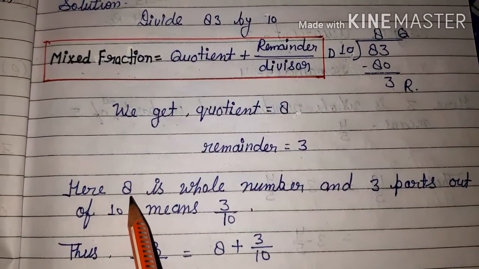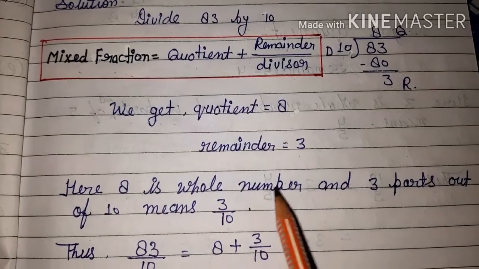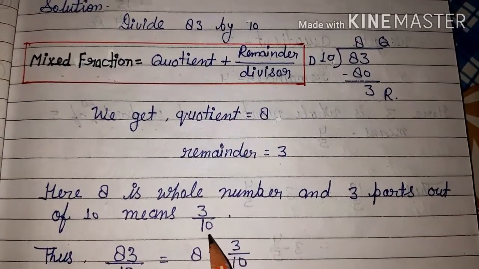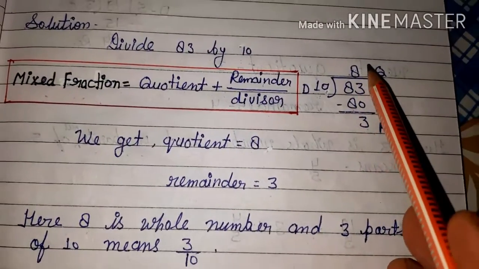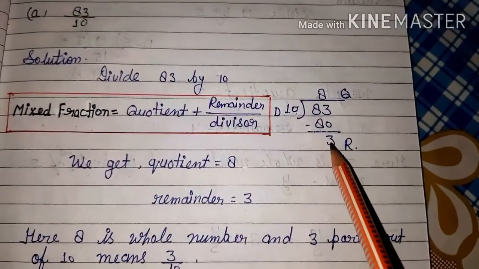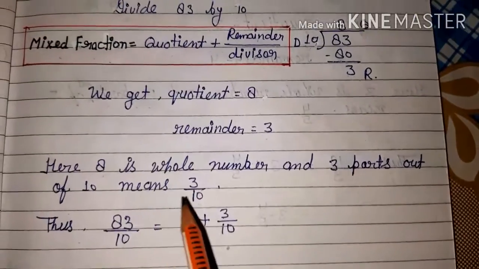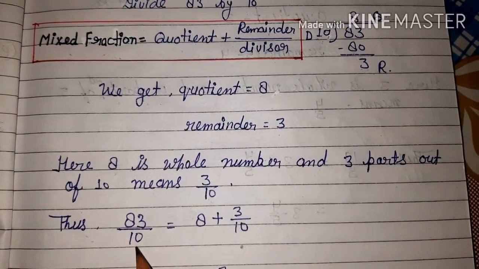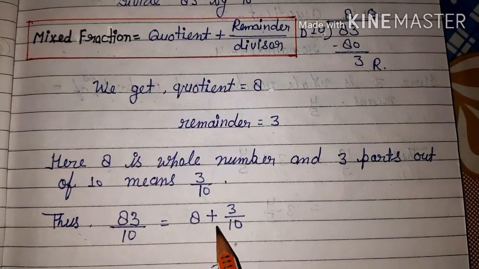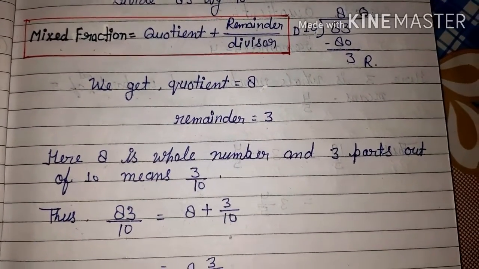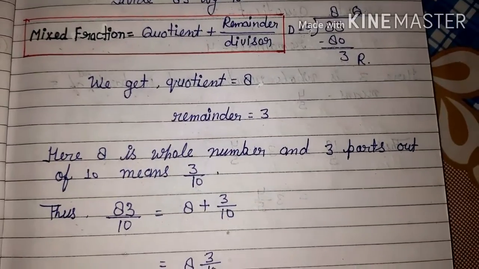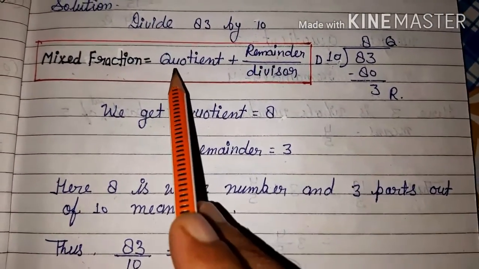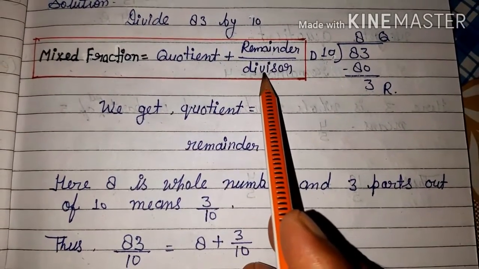Here 8 is the whole number and 3 parts out of 10 means 3 by 10. Thus 83 by 10 is equal to 8 plus 3 by 10. So 8 whole 3 by 10. This is our formula: quotient plus remainder upon divisor.